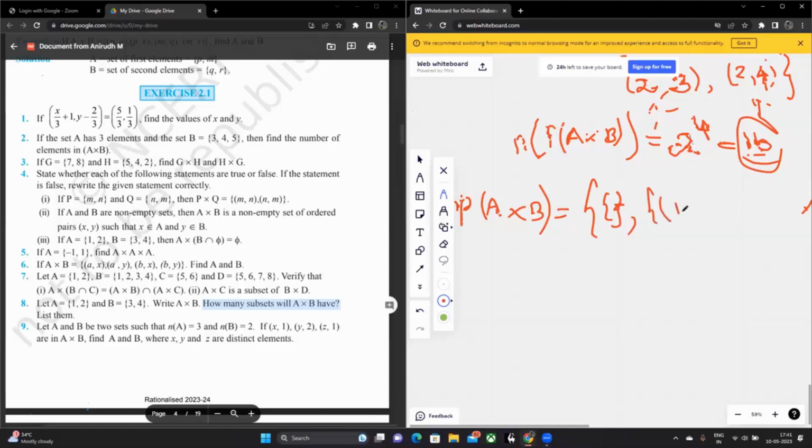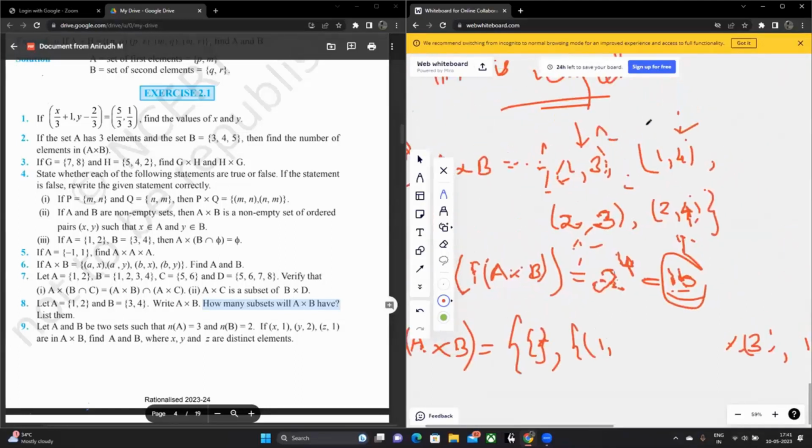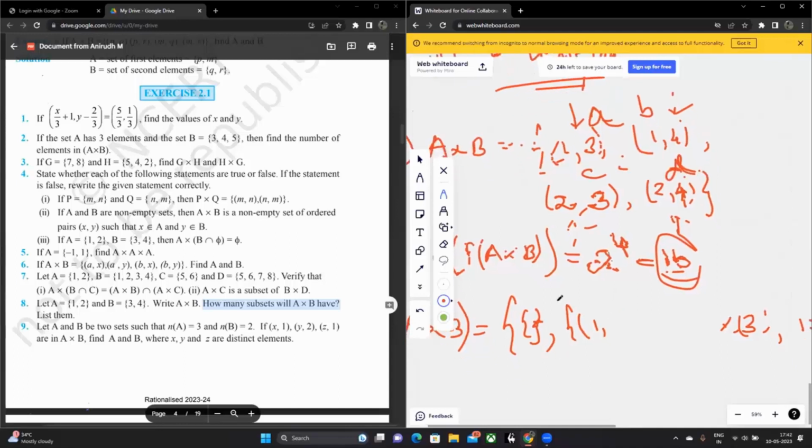The set of all singletons, I'll just call these A, B, C, D. Don't get confused, because A is (1,3), B is (1,4), C is (2,3), D is (2,4). I don't want to keep writing the whole pairs again and again. That's a waste of my time, waste of your time.